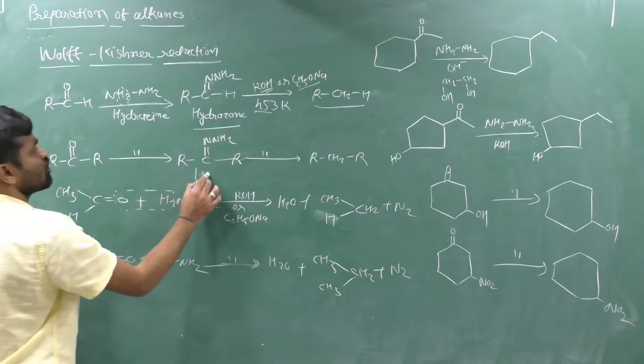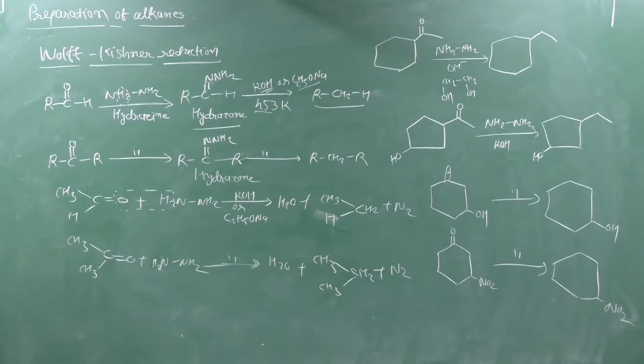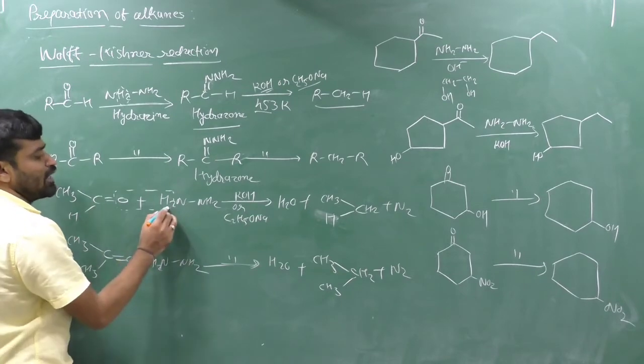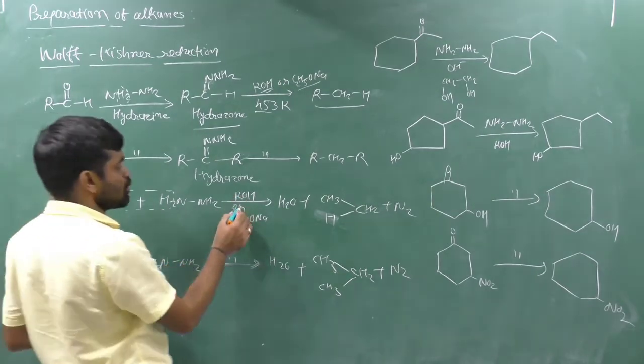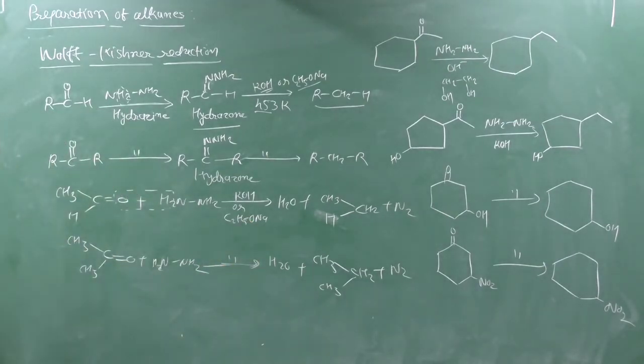It is also a hydrazone, C double bond N NH2, which you can study in detail in the next chapters. If we have CH3 C double bond OH, an aldehyde, and hydrogen NH2 NH2 in the presence of KOH or C2H5ONa, first of all we remove the H2O like that.